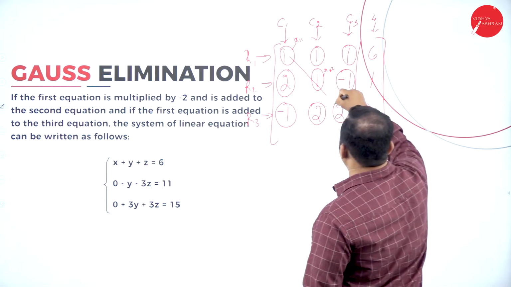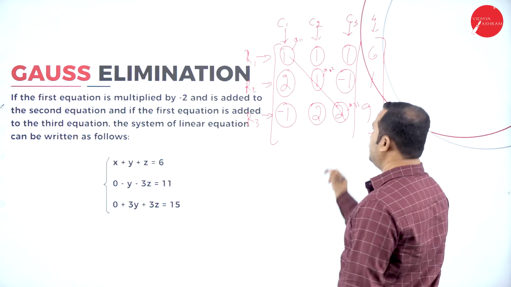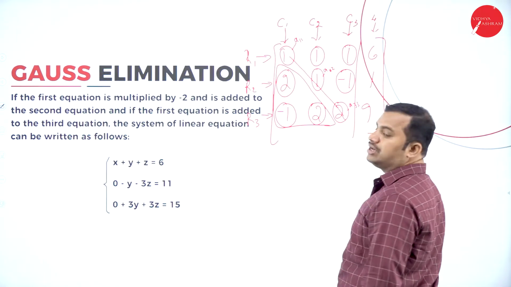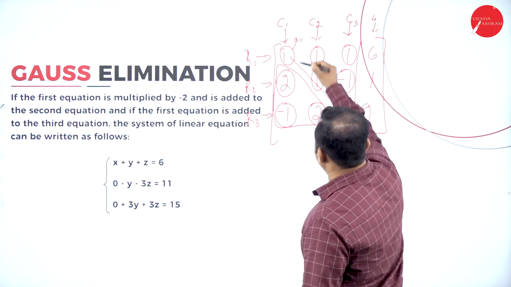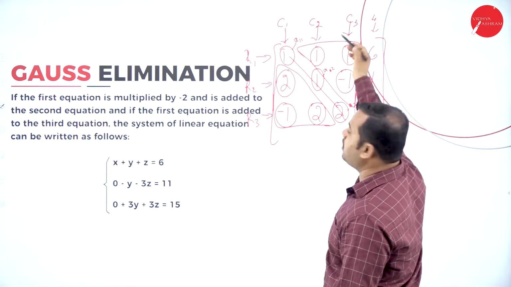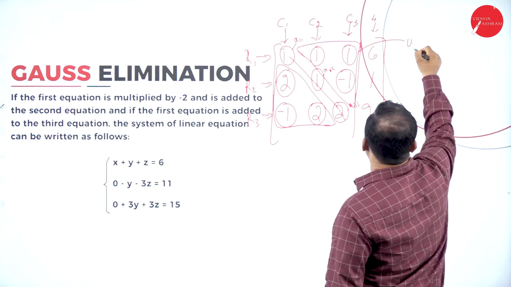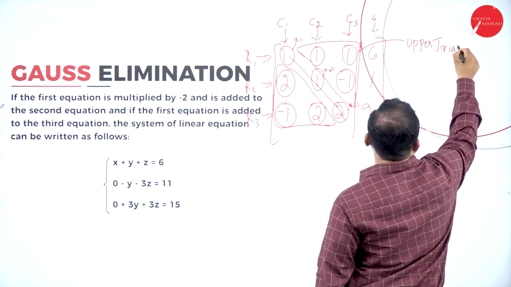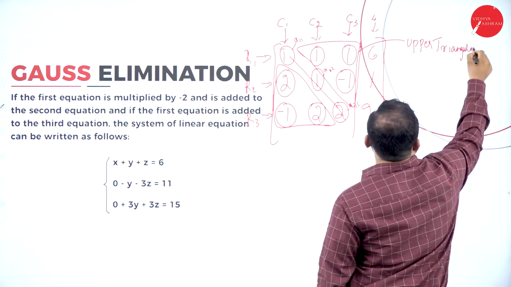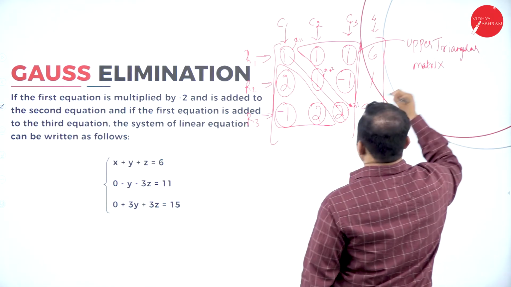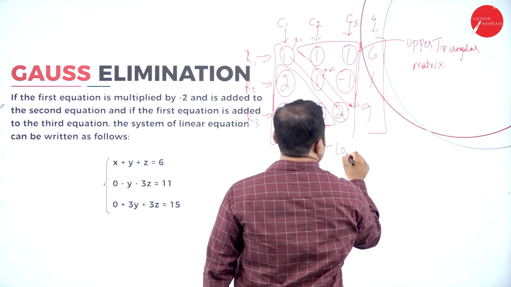These diagonal elements must be considered here, and all other elements below them are called the lower triangular matrix. The elements which are in the upper part are called the upper triangular matrix. This is called the lower triangular matrix.